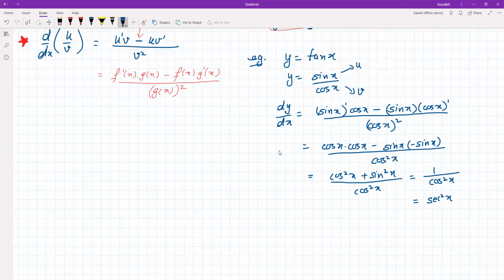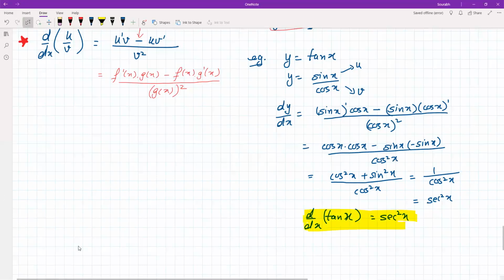So from here what can I conclude? That d by dx of tan x is equal to secant square x. Yeah, it is sec square x.